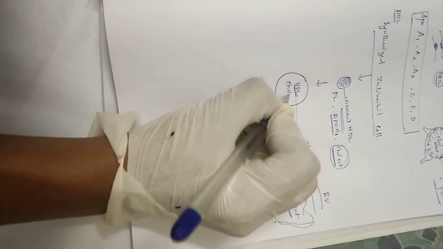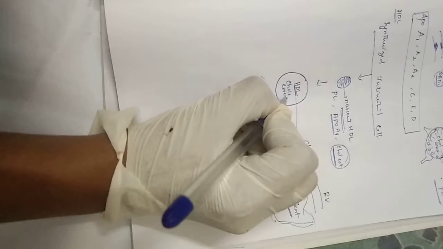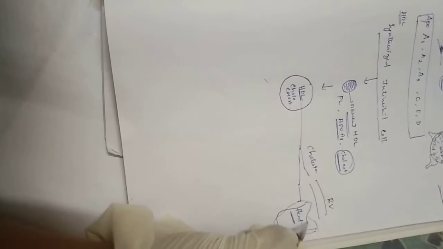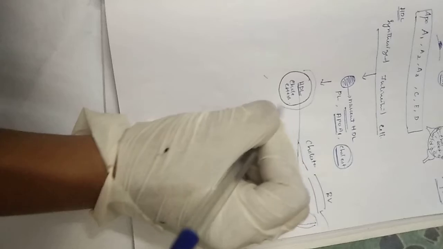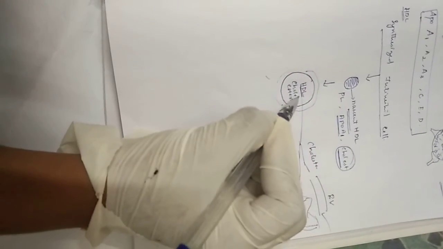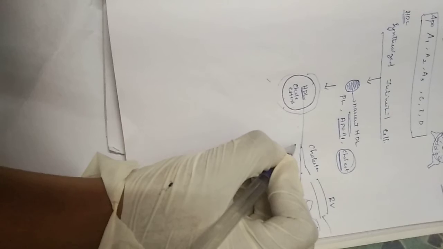So from the blood vessels and from the heart, they are transported to the HDL molecule as cholesterol esters. This is mainly by the enzyme called LCAT.